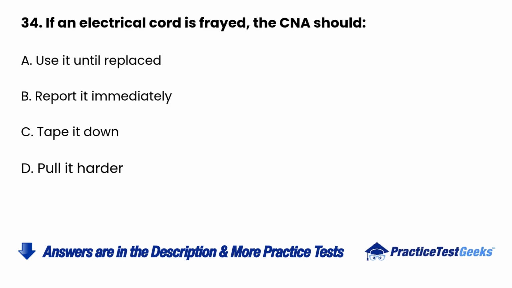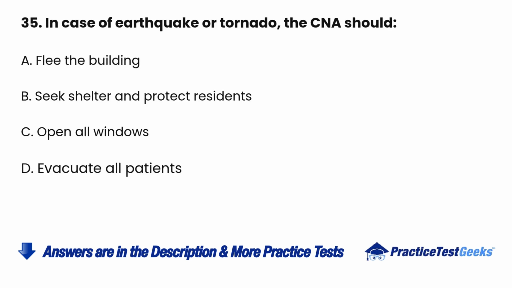34. If an electrical cord is frayed, the CNA should A. Use it until replaced. B. Report it immediately. C. Tape it down. D. Pull it harder. 35. In case of earthquake or tornado, the CNA should A. Flee the building.